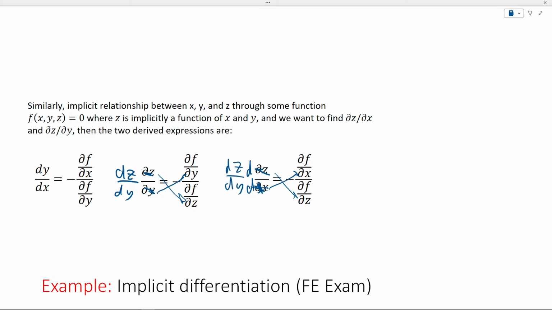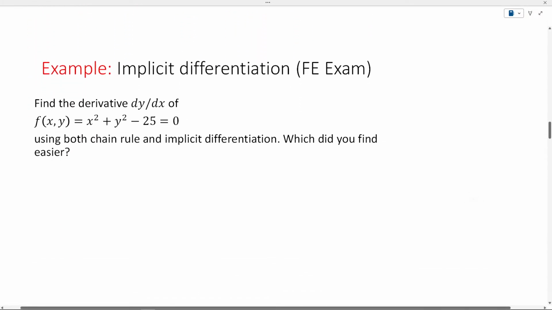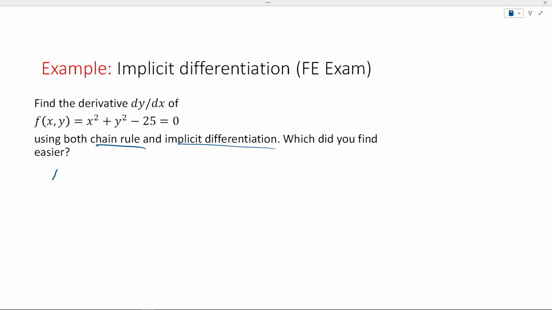Okay. So again, this is in the FE exam. I'm telling you to solve this using both the chain rule and implicit differentiation. We know we can solve this with the chain rule, because here I have a function x squared plus y squared minus 25 equal to 0.